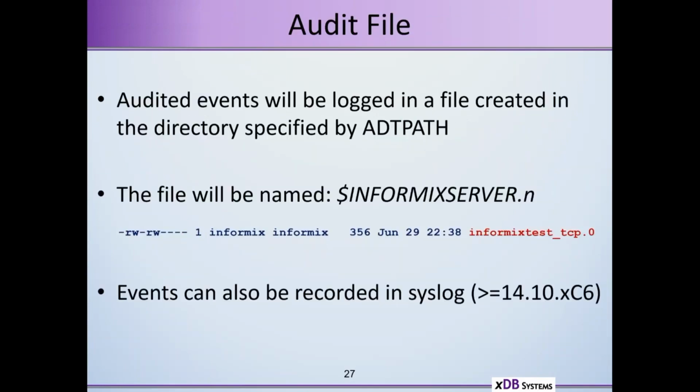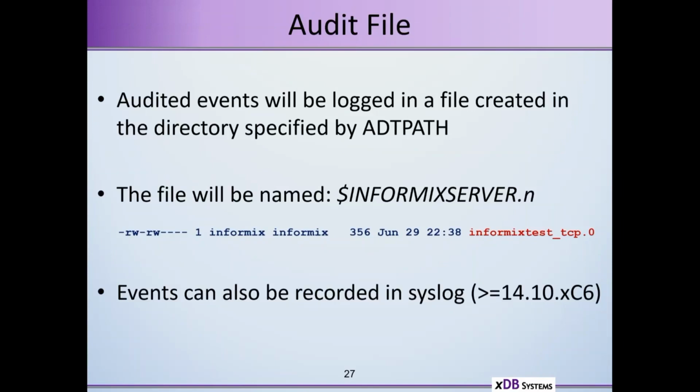A couple of extra things here about the audit file. The file will be saved in the directory we use for ADT path, but the file itself will be named Informix server and then a number starting at 0.